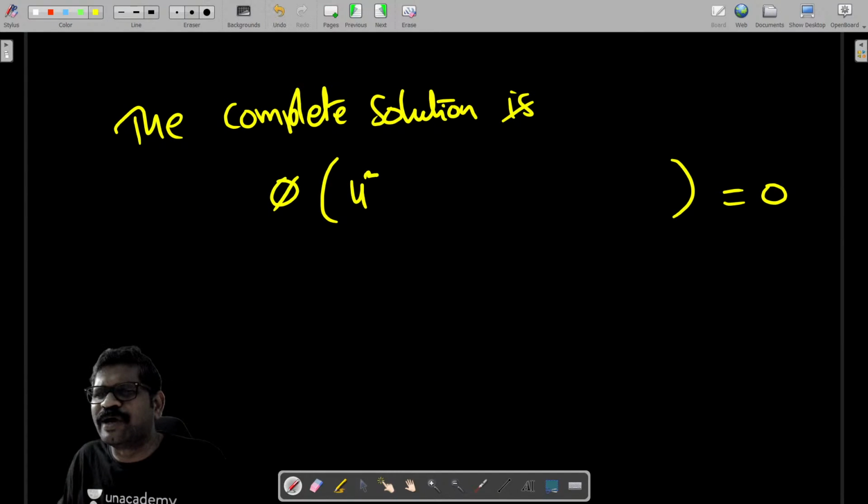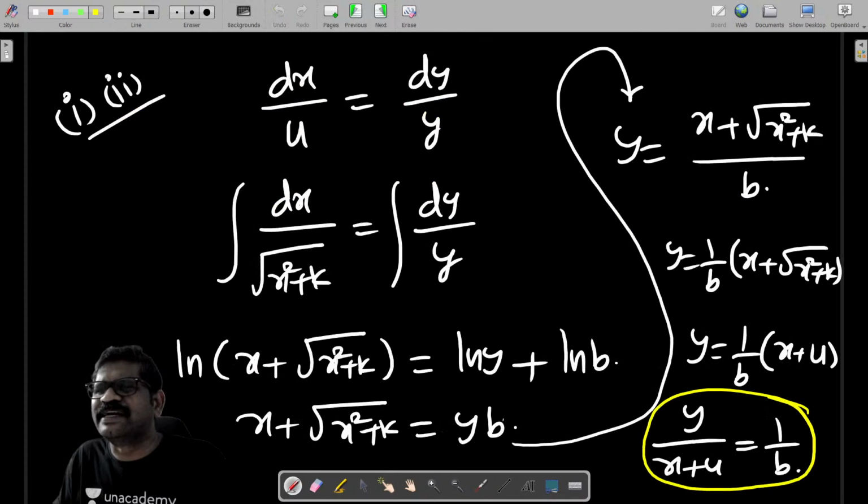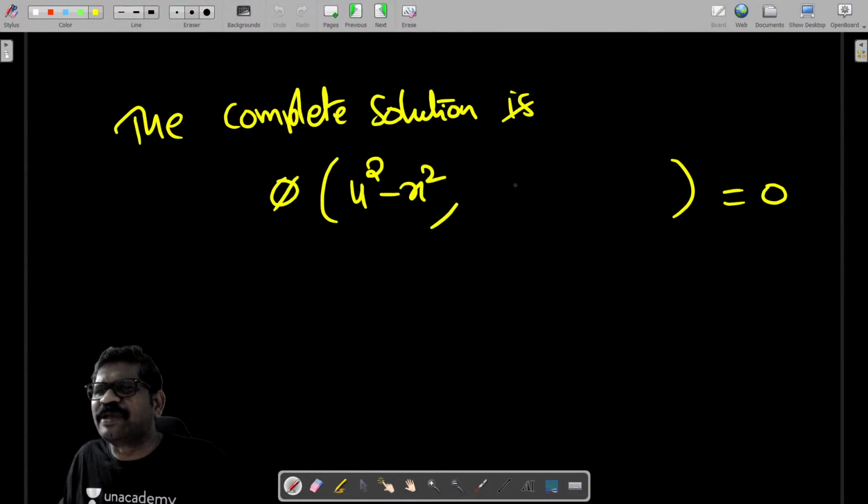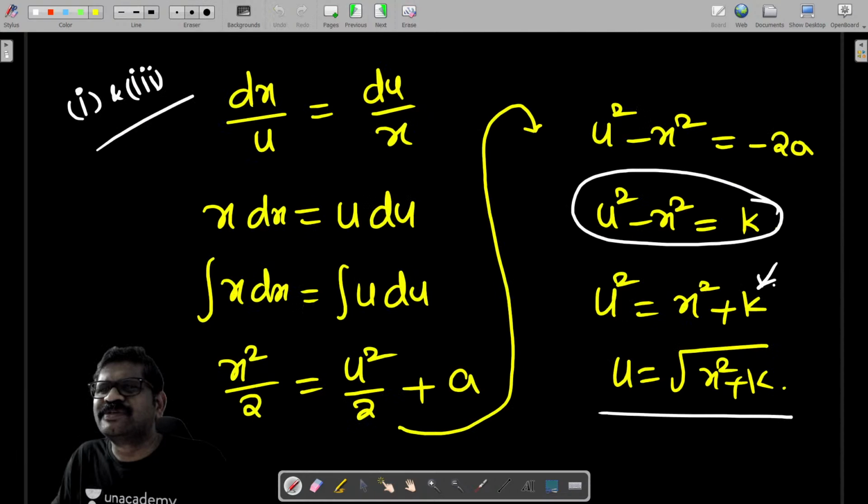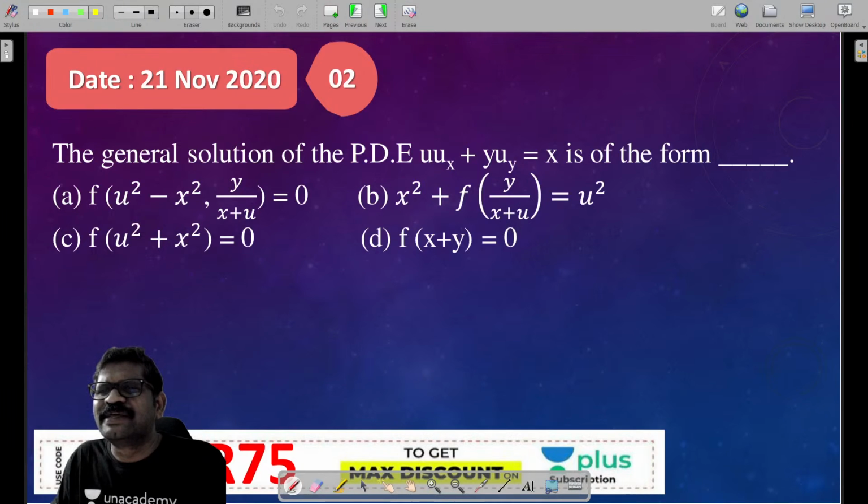So phi of u square minus x square, comma second constant y by x plus u, equal to 0. This is one solution. So when you look at the options, first option, one solution.